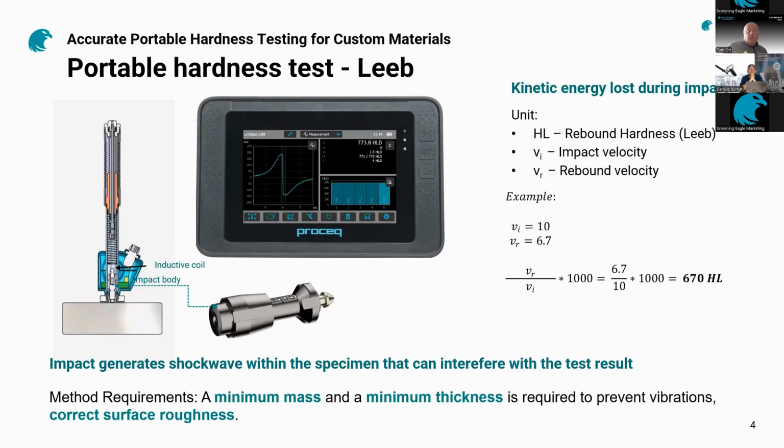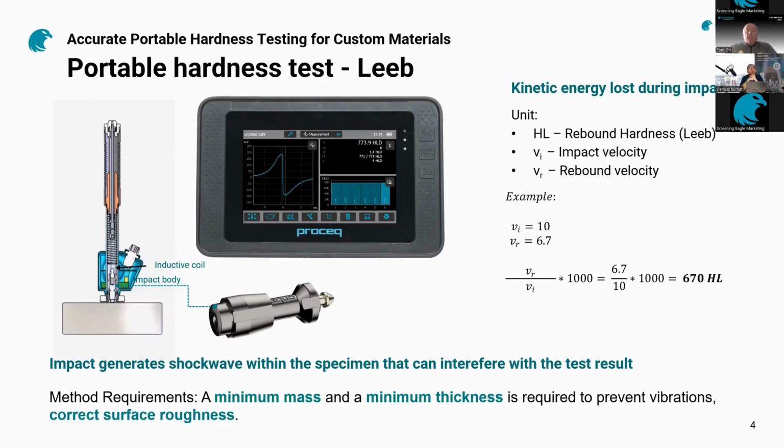That voltage signal is directly proportional to the speed that the body's traveling. You can see in the formula to the right, we get a ratio of the rebound velocity to the impact velocity, multiply it by 1,000, and that results in the Leeb value.